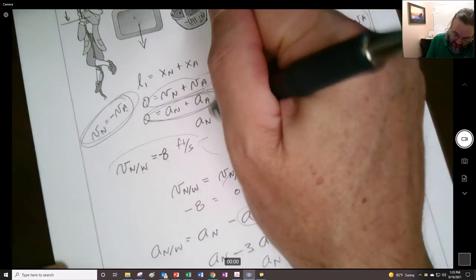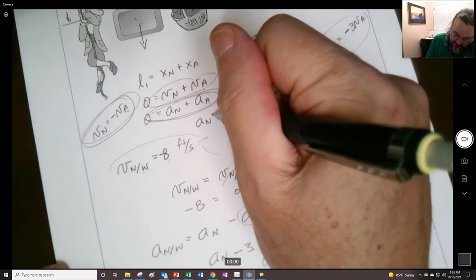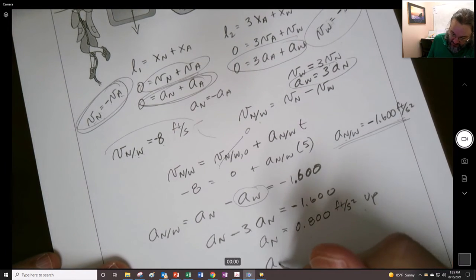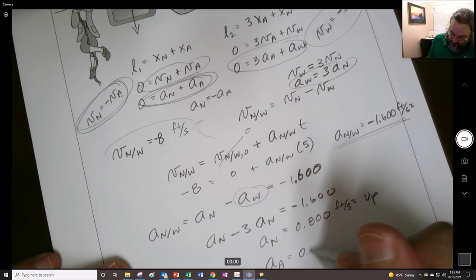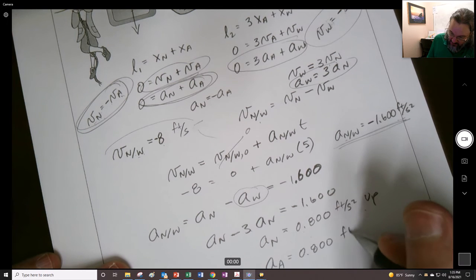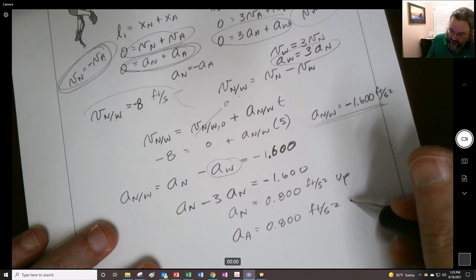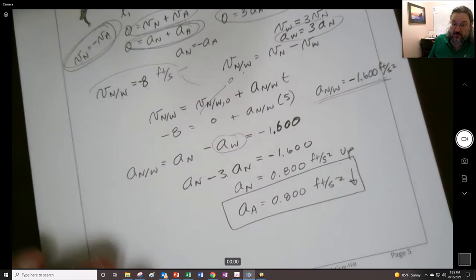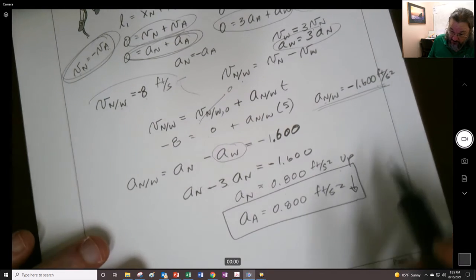Negative. Well, they should be negative from each other, so they're in the opposite direction. We end up getting acceleration of A is equal to 0.800 feet per second squared, and I'll draw it with an arrow. Boom. Downwards, just like they told us.